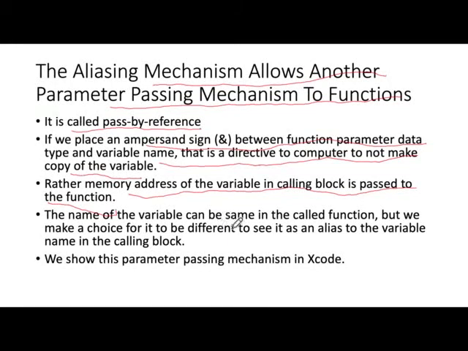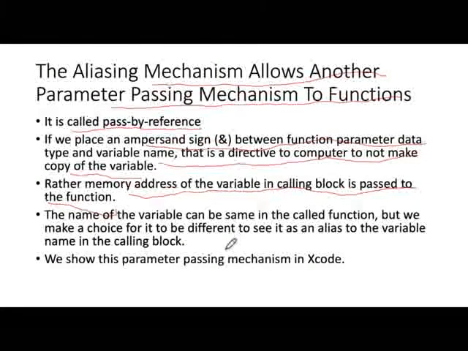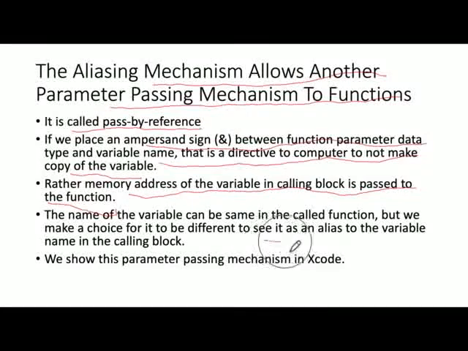The name of variable can be same in call functions and in the calling block, but we make a conscious choice for it to be different names to see that an alias to the variable name in the calling block is the one that is function parameter. And we show this parameter passing mechanism also in Xcode.